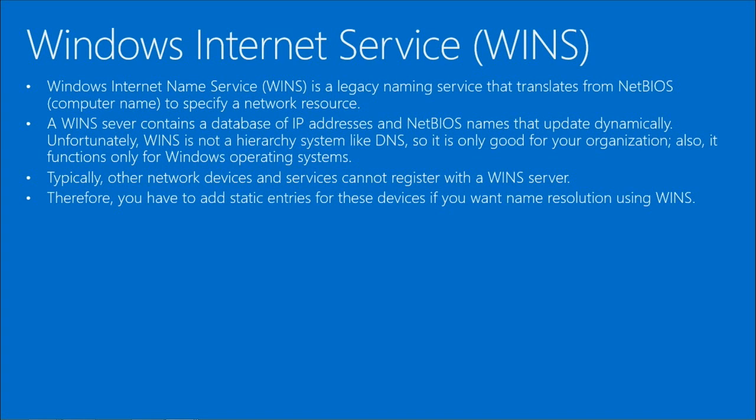It also doesn't allow dynamic updates, so you can't do dynamic updating. For each entry, you have to add a static entry for your name resolution system. So again, to reiterate, WINS was the initial system that Windows networking used to enable name resolution to IP addresses.